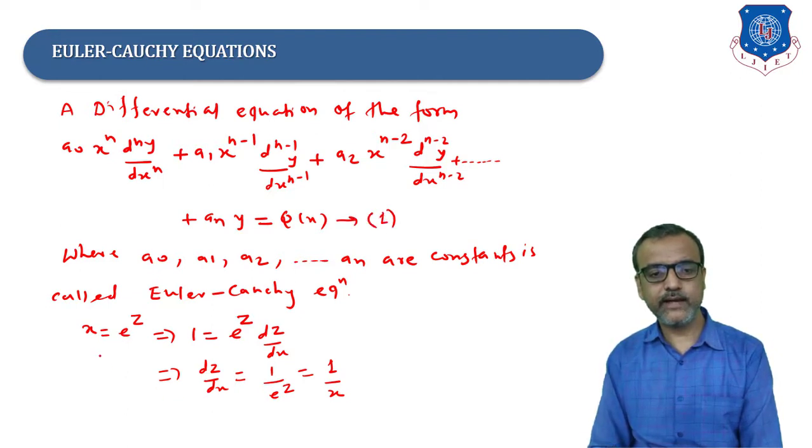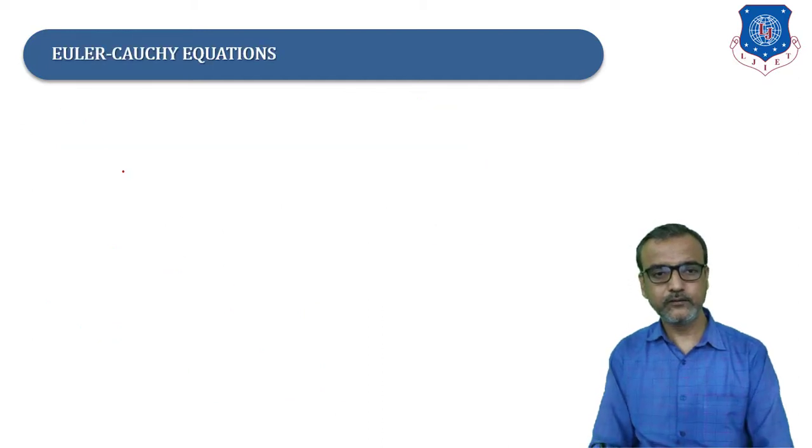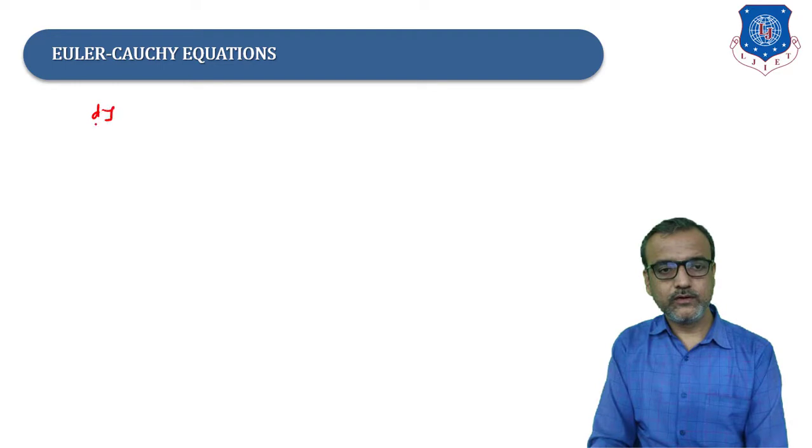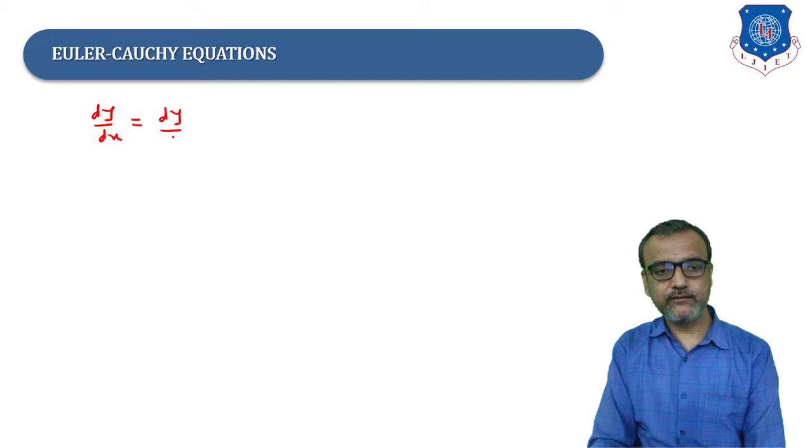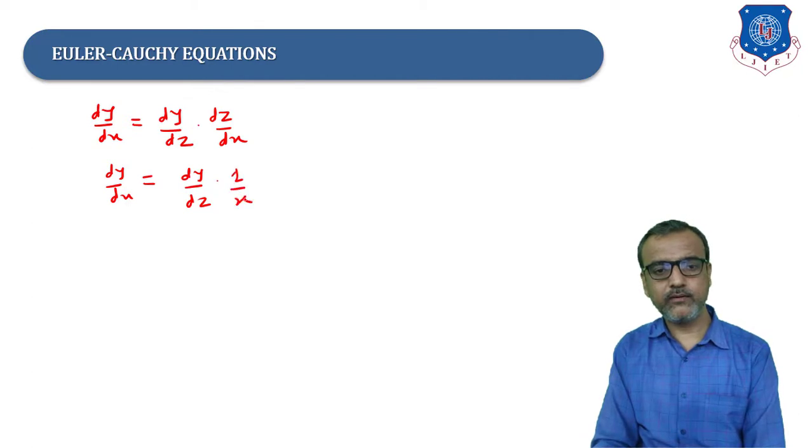Now if we will replace x by e raised to z in equation number 1, it will become y in terms of z. So dy by dx, y is a function of z, so that is dy by dz, and we have taken x equals to e raised to z, and z is a function of x, so we will write down dz by dx. Therefore dy by dx equals to dy by dz, dz by dx, that is 1 upon x.